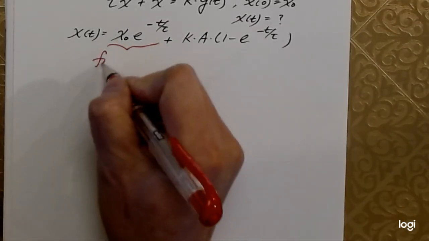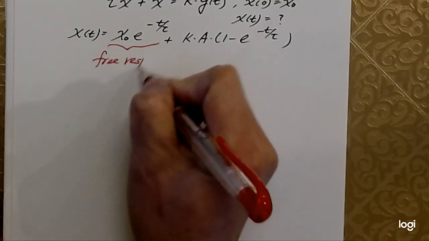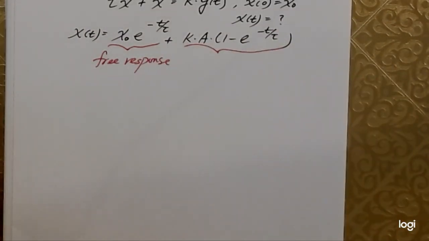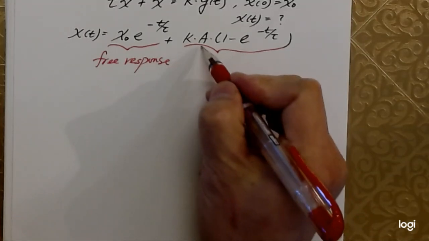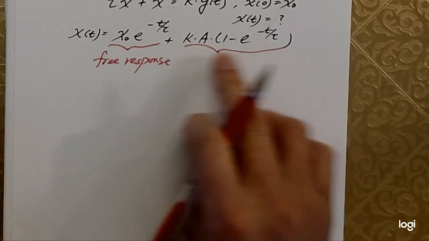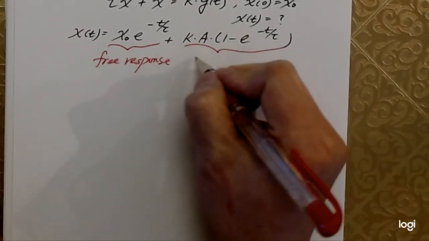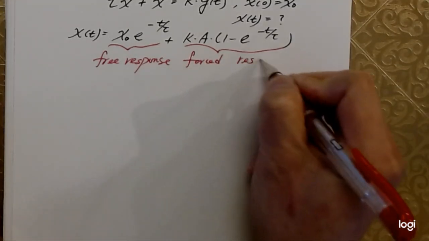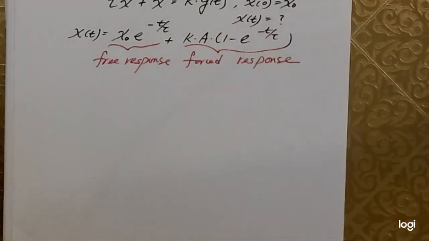That's what we call free response. This part is due to A, the input amplitude of the step function. So this part is related to the input, and we call it the forced response.